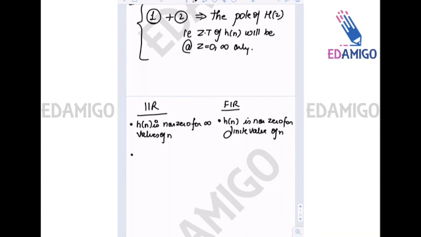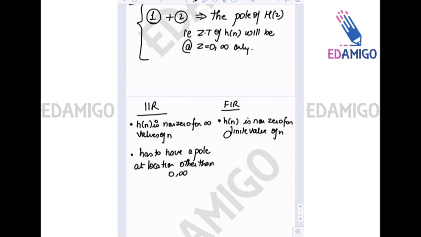Second, an IIR filter has to have a pole at a location other than 0 and infinity.